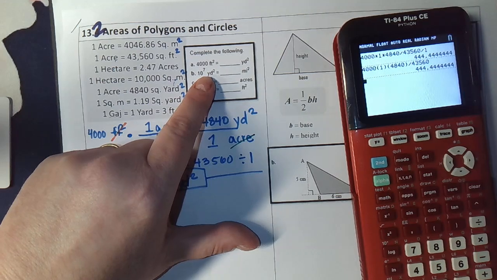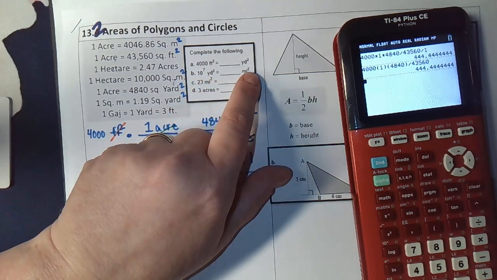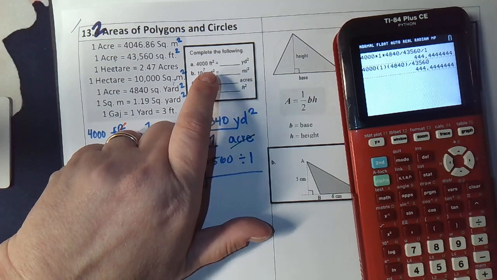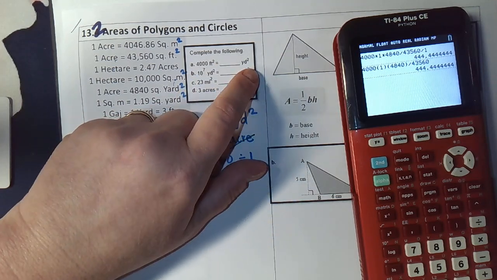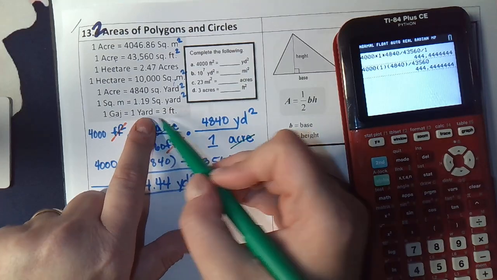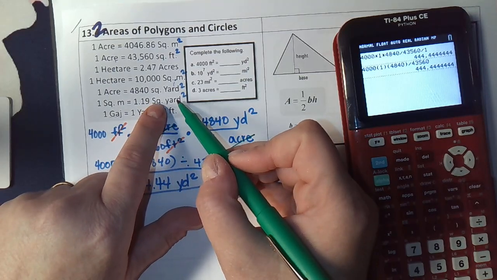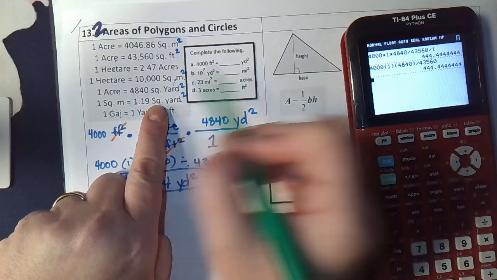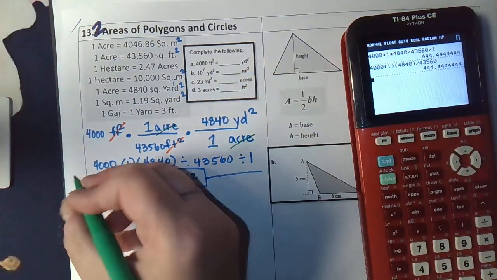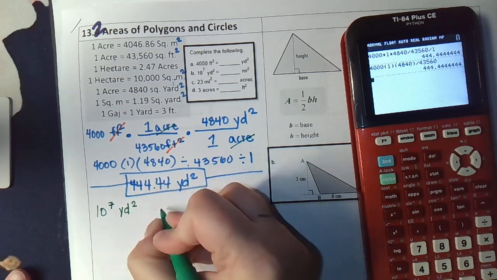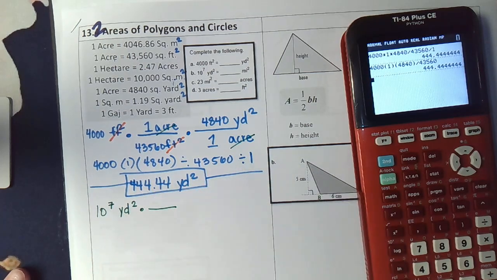Part B says 10 to the 7th yards squared equals miles squared. Well, let's see if we have anything that takes us straight from a square yard to a square mile. Let's look for a square yard. Here it is. Square yard takes me to square mile. That's what I want. So let's say we have 10 to the 7th yard squared. We're going to multiply it by a fraction.